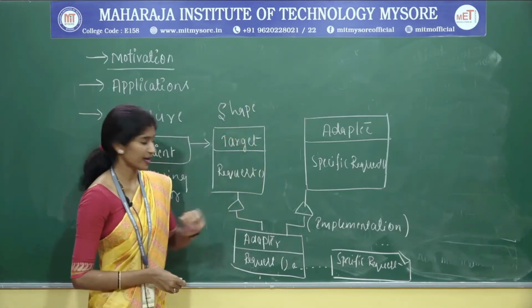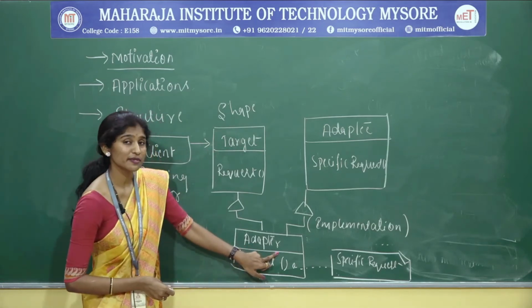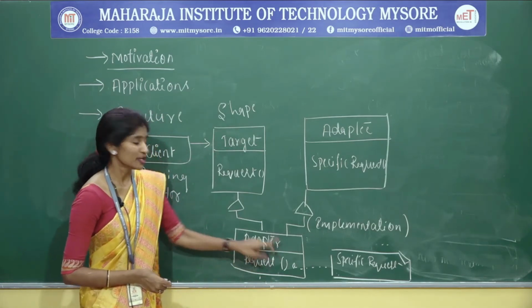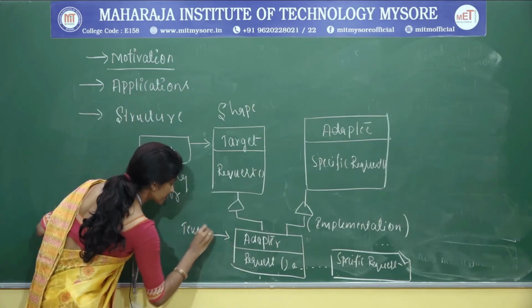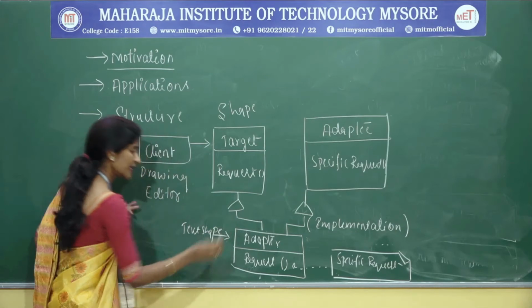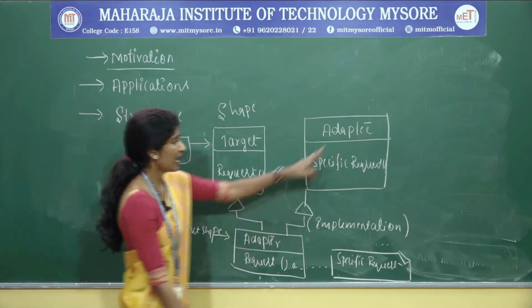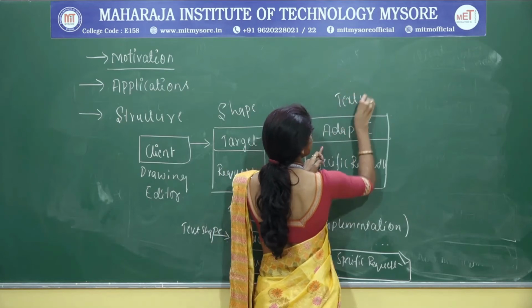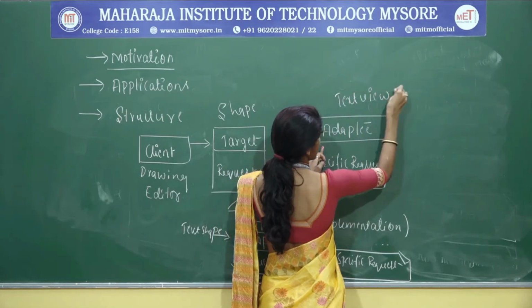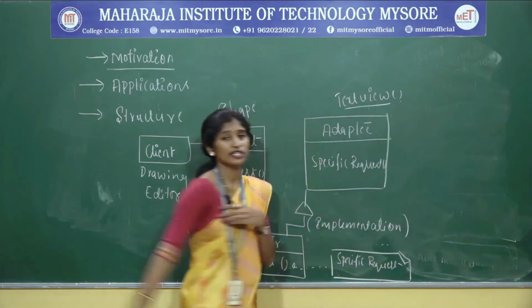Shape was our target, and the adapter is the class I told you, that is a text shape. Text shape was our adapter, and the adaptee is what? That is text view. This class we have seen, no?